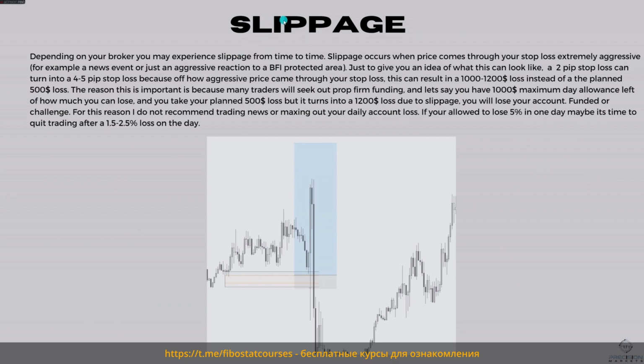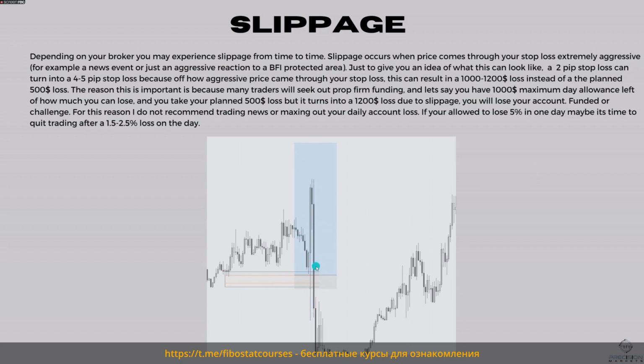Now there's a thing called slippage, and some people don't understand this. It's a very simple concept. Slippage happens when price comes through your stop loss really aggressively. It's very important to know ahead of time how your broker is with slippage. Some brokers will close your position exactly where the number is no matter what, and some brokers will have pretty bad slippage where you'll put in a 2 pip stop and price comes through it so aggressively you end up eating 4 or 5 pips.